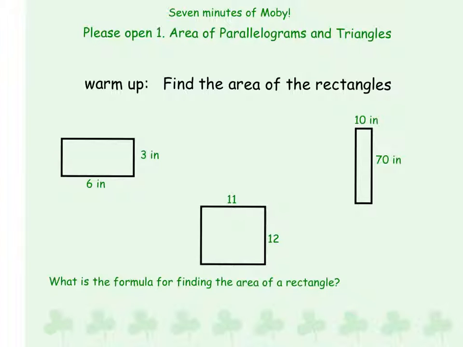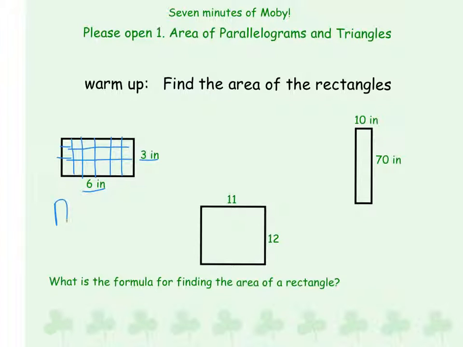Area of a rectangle, and let me do this for you. Remember, you might have started on grid paper where you can actually count the boxes. You could count the boxes, and soon you realized that if you had a 3 by 6, what you're really doing is taking 6 groups of 3, which would be 18.